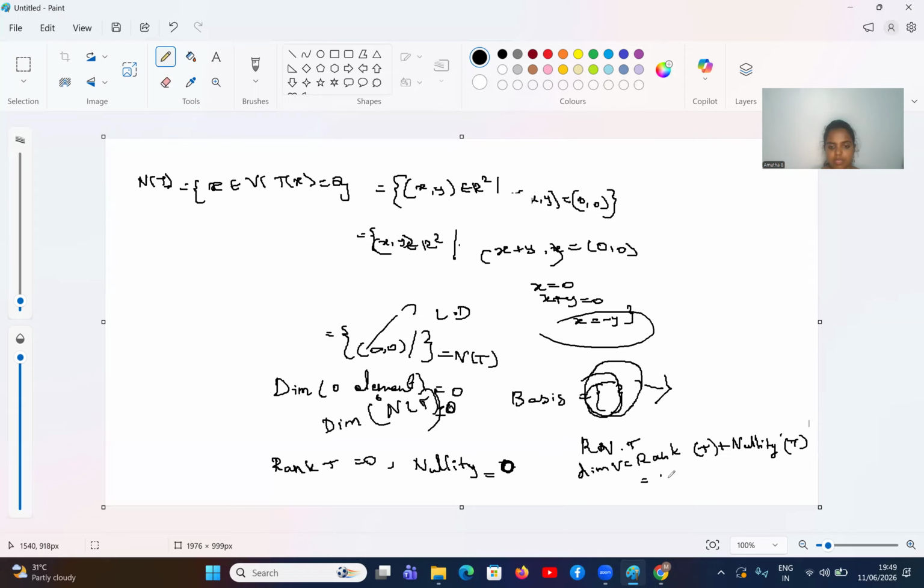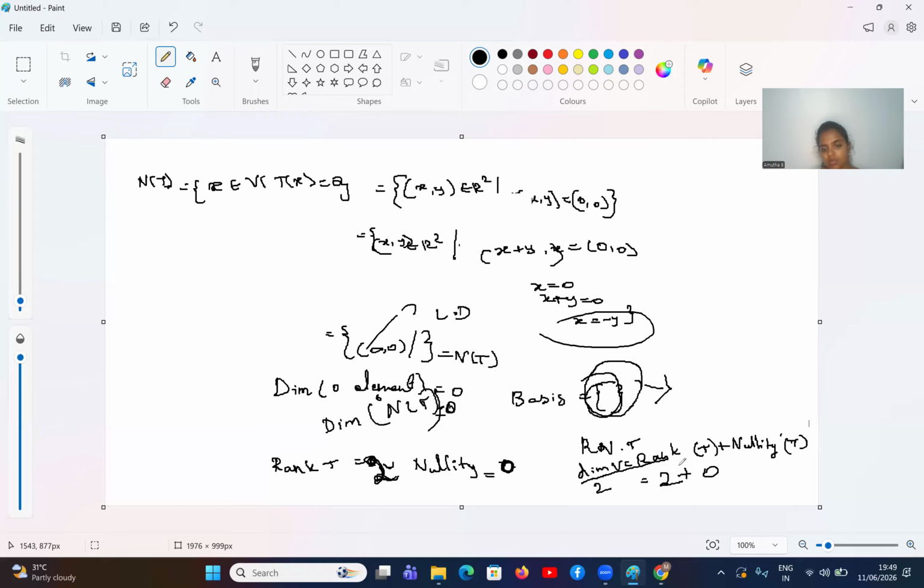Here, rank of T we found in the previous slide as 2. So rank of T equal to 2 plus 0. In the first slide I wrote that V is nothing but R2, and the dimension of R2 is 2.